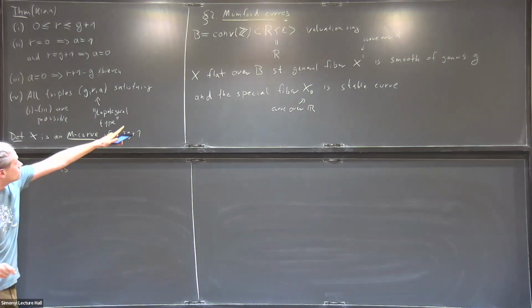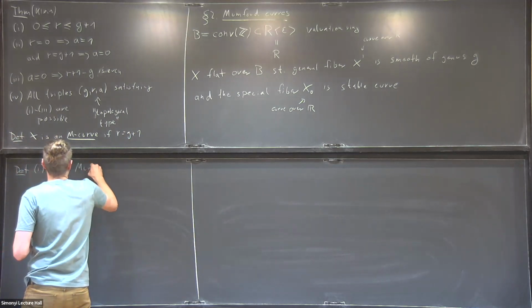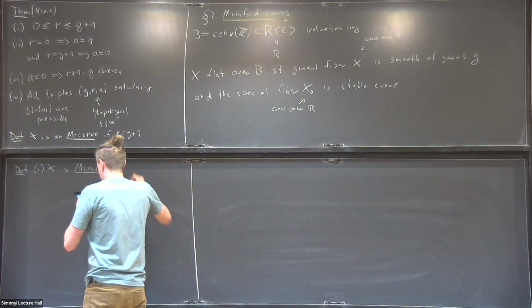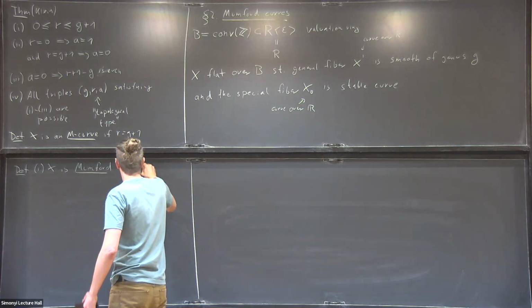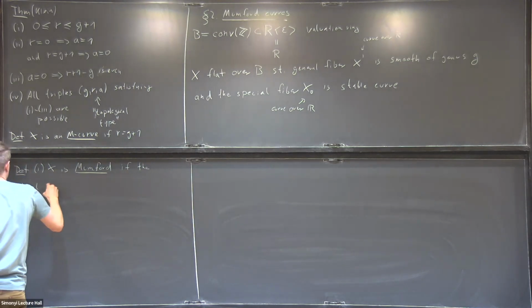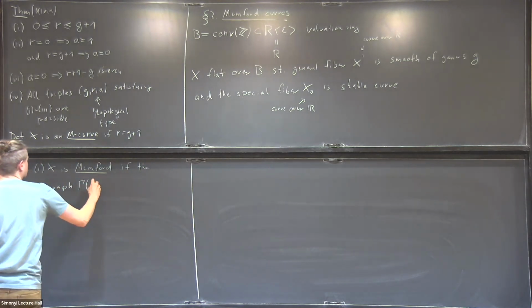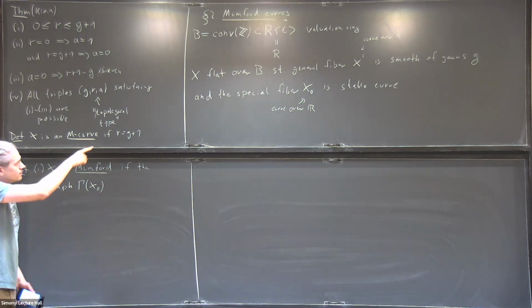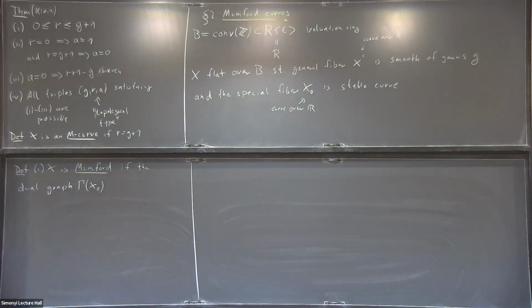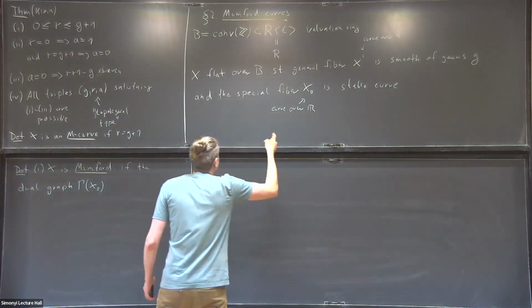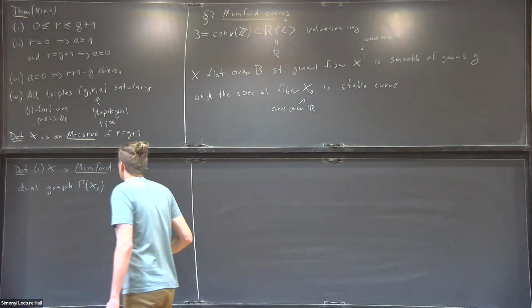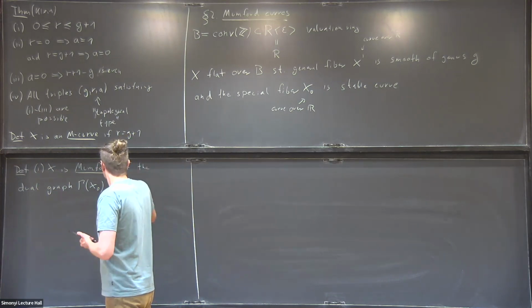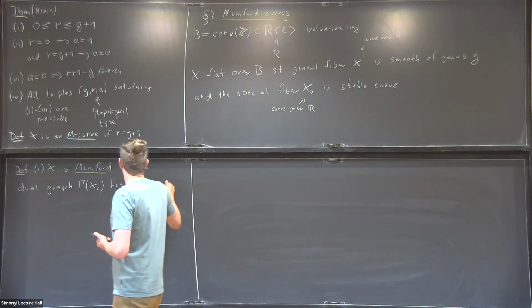Now this X over B is Mumford if the dual graph of the special fiber, whose vertices are the irreducible components of X naught, and you have an edge if, for every node, at most two irreducible components contain this point, should have genus g.